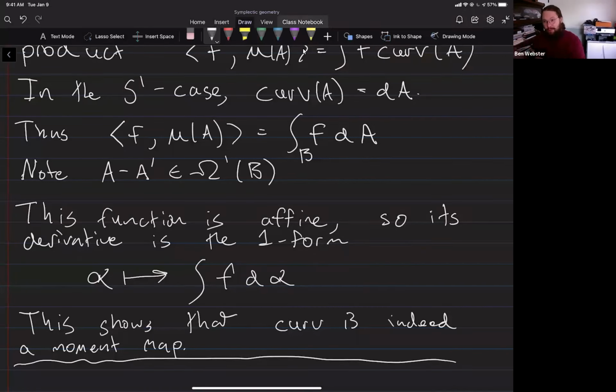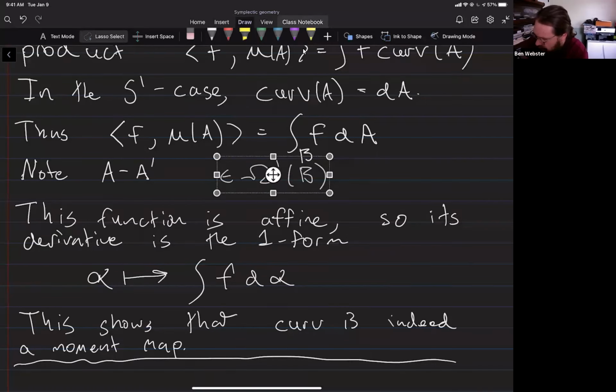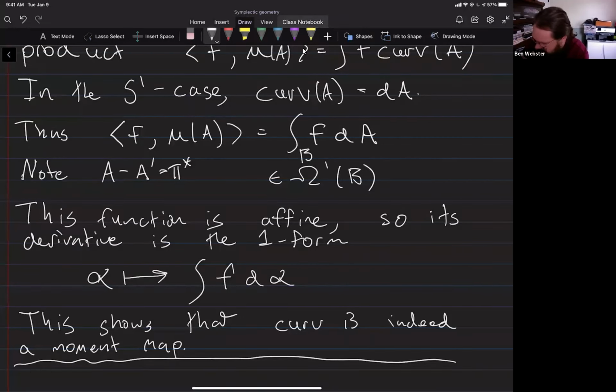When I take the difference, I get something that is perpendicular to every vertical vector. So it's pulled back from downstairs. Maybe I should have written this differently. So this is going to be equal to the pullback of some alpha, which is a one form downstairs.